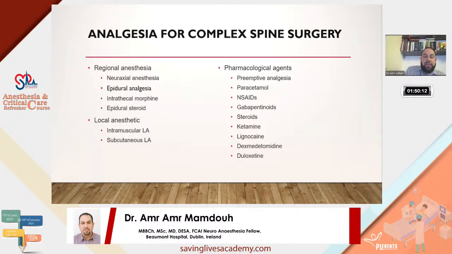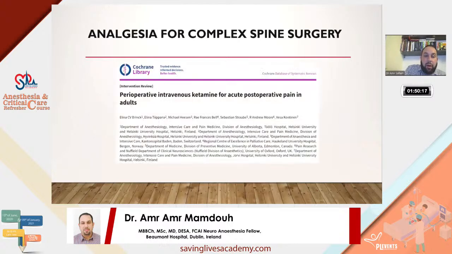One of the things that I'd like to mention is perioperative intravenous ketamine for acute postoperative pain in adults. I remember when we were discussing that we cannot use that with the neurophysiologic monitoring. Yes, with these patients, we tend to use it after we finish and confirm everything, or even in the post-operative period.